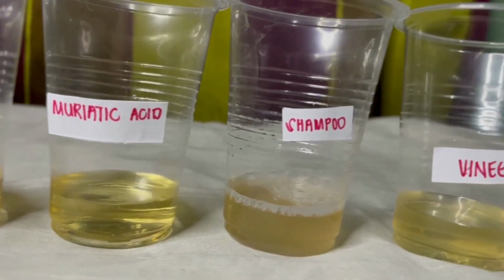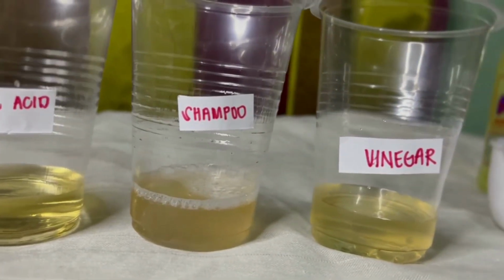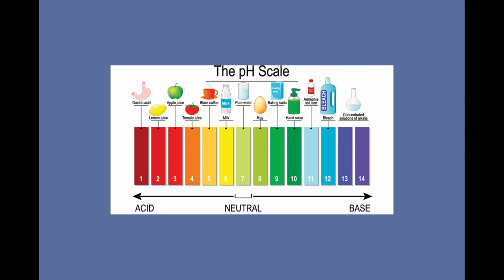Now let's move on to answering the guide questions. For the first question, what color was the indicator for acidic solutions? If we look at our reference again, the color indicator of our acidic solution ranges from bright yellow to dark red. What about for basic and neutral solutions?